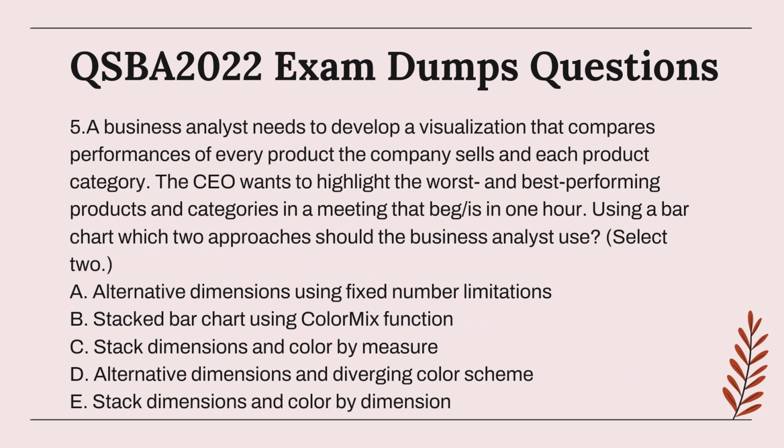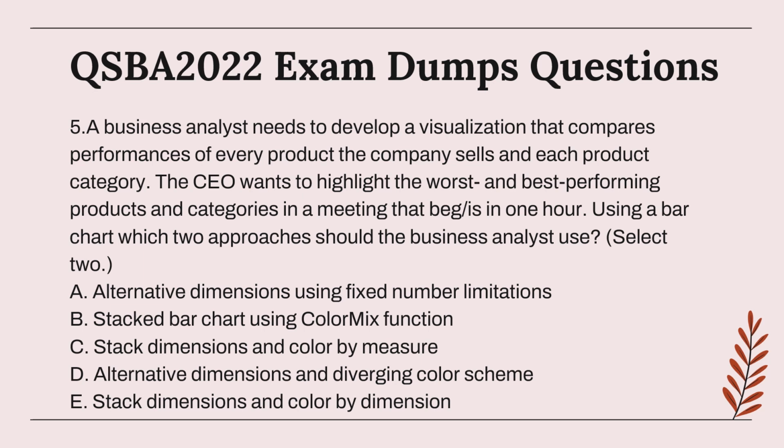5. A business analyst needs to develop a visualization that compares performances of every product the company sells and each product category. The CEO wants to highlight the worst and best performing products and categories in a meeting that is in 1 hour. Using a bar chart, which 2 approaches should the business analyst use?